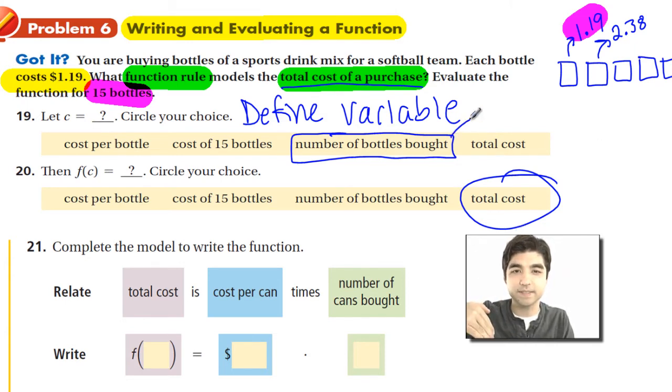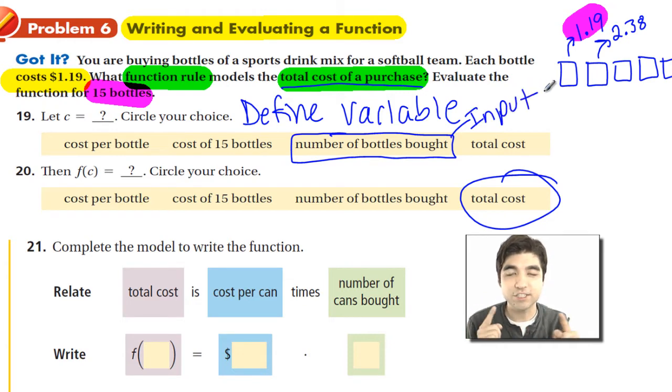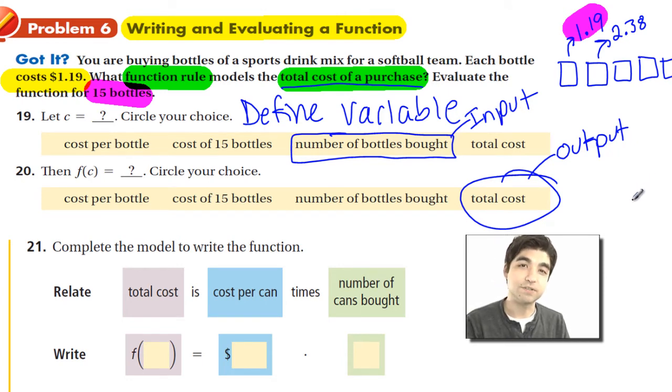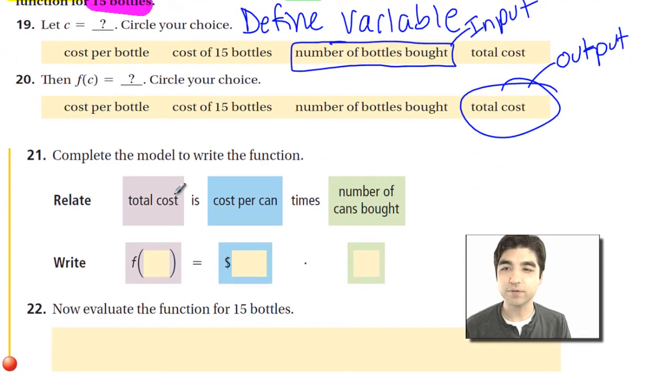So we put in how many bottles we bought. This is our input. The thing that's changing is how many bottles are bought. What comes out of that function is the total cost. So that's how much money you're going to give the cashier. You tell the cashier how many drinks you want, and then she tells you how much you owe. So then we need to write a function, and they wrote it in words here.